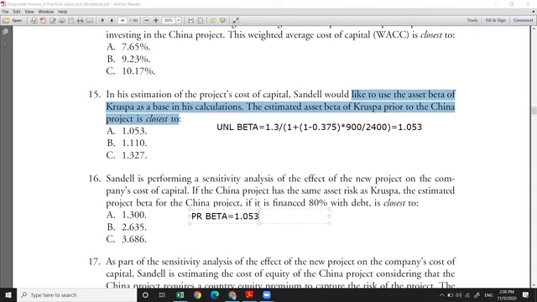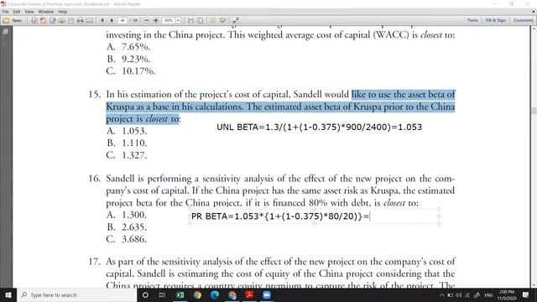So 1.053 times 1 plus (1 minus 0.375) multiplied by 80 divided by 20, which gives you the debt equity ratio directly.